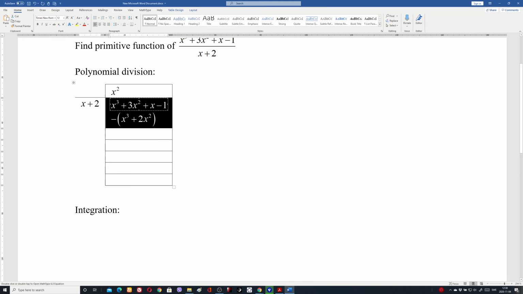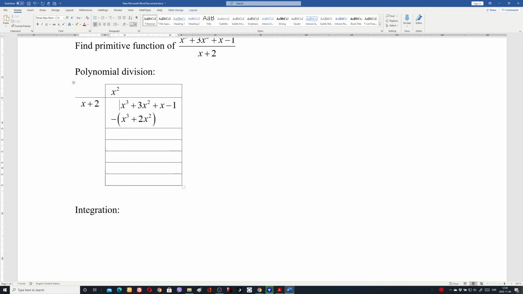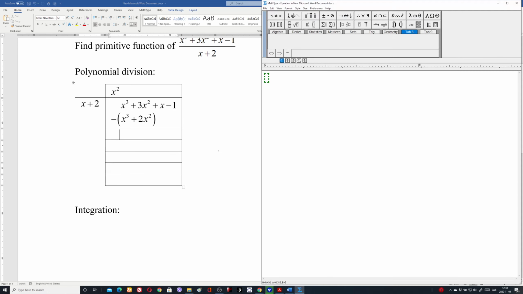Here x power 3 minus x power 3 is 0. Let me put in the math type 0.